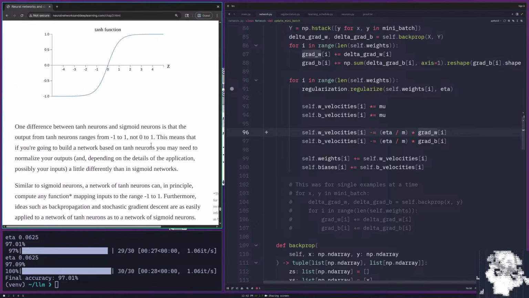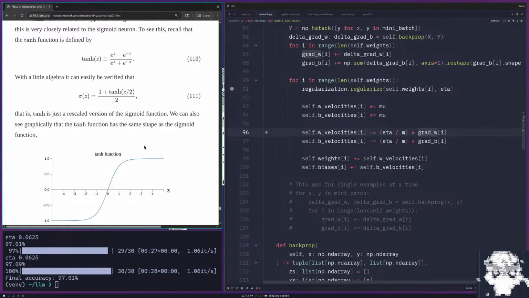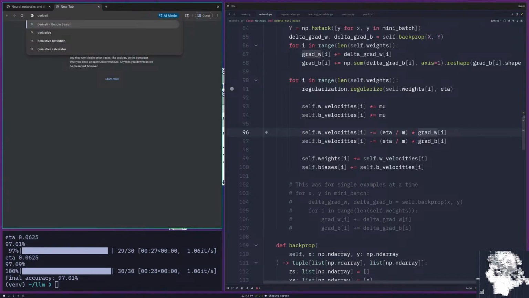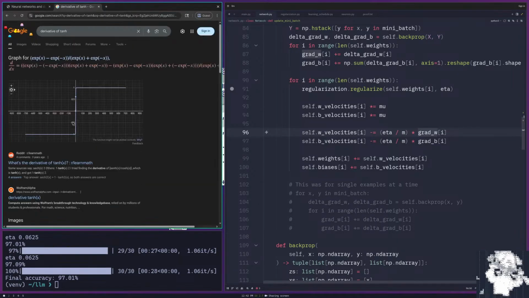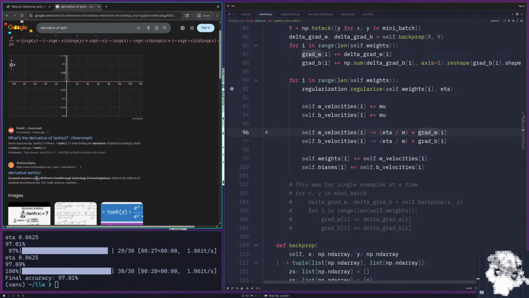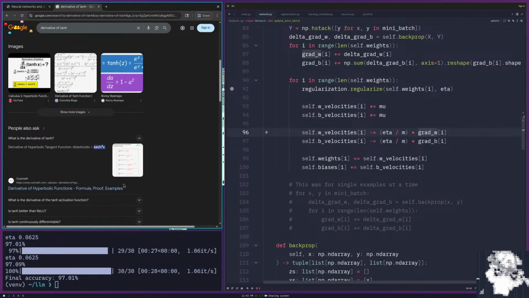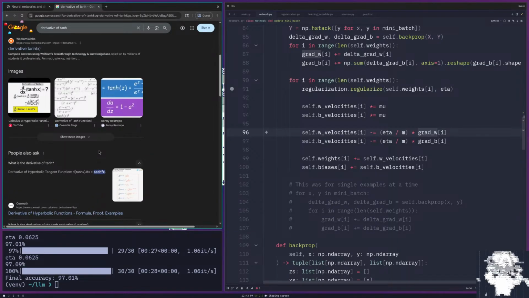Wait, but I need to know what tanh prime is in order to implement it. Derivative of tanh. Sech squared of x.